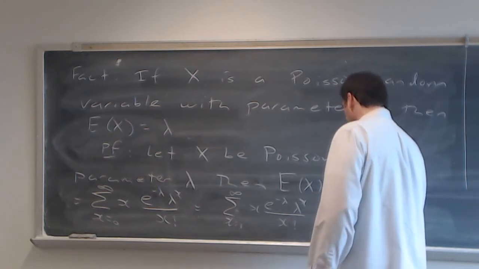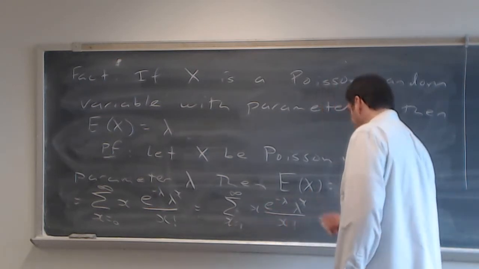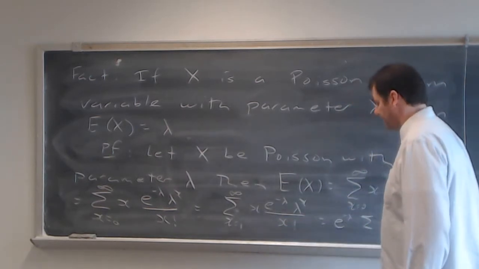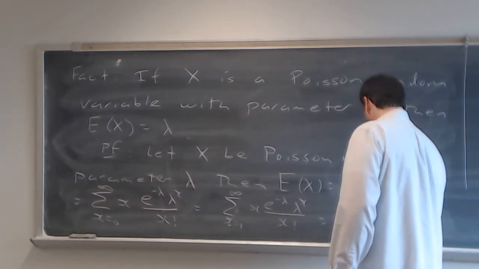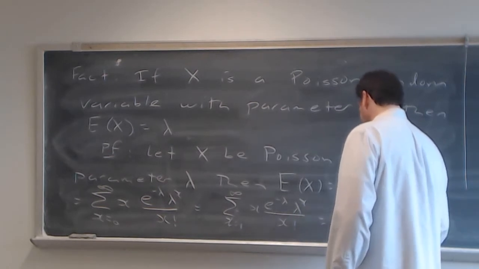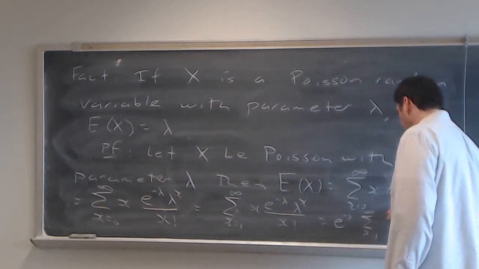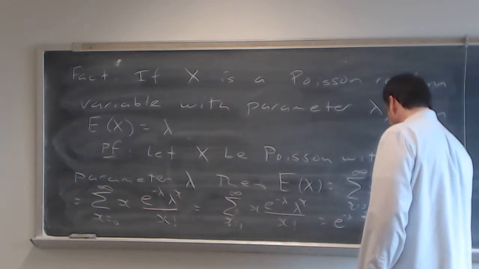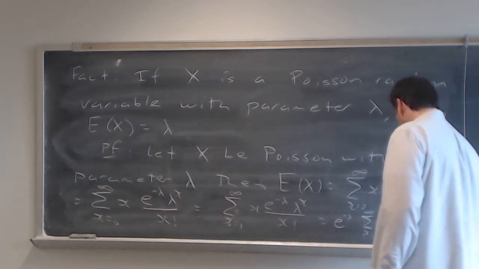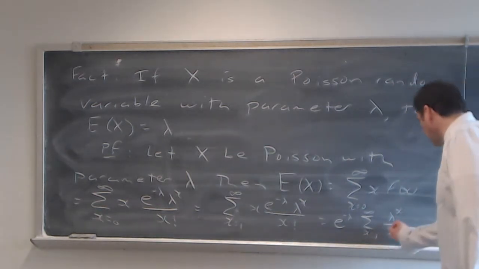Sum, and here, one of the x's, the x that is a factor in x factorial, will cancel. And so I have the sum as x runs from 1 to infinity of lambda to the x over x minus 1 factorial.